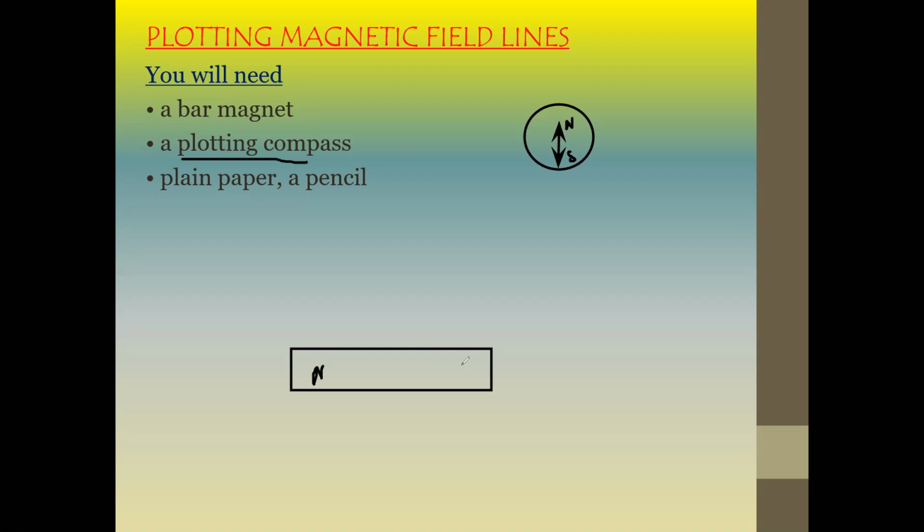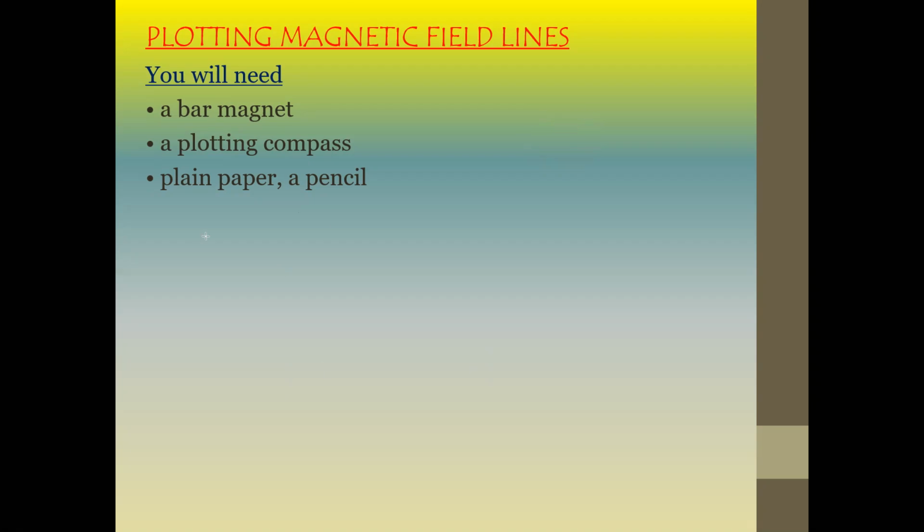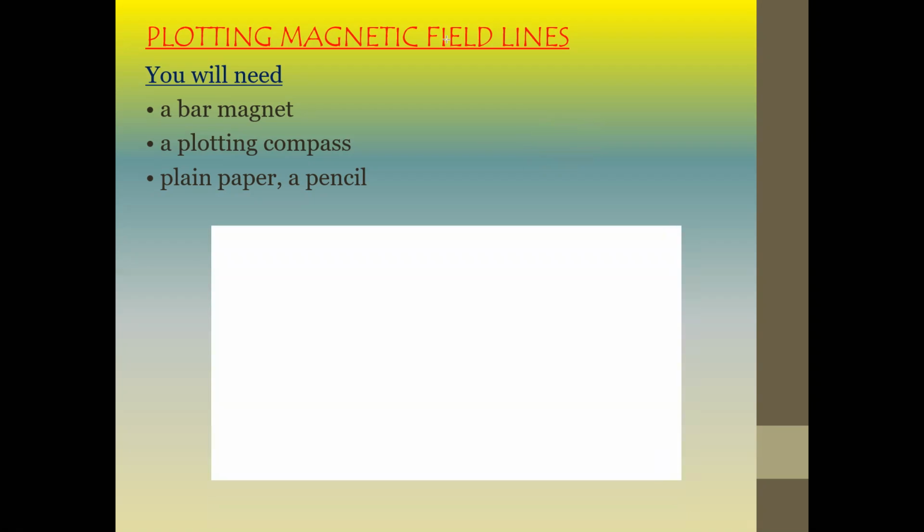So example, if we want to plot a magnetic field of a bar magnet, we have a bar magnet. So it is also having poles, north and south. So what we will do, we will place this bar magnet on a piece of paper. So example, if this is a paper, we place a bar magnet on this piece of paper.